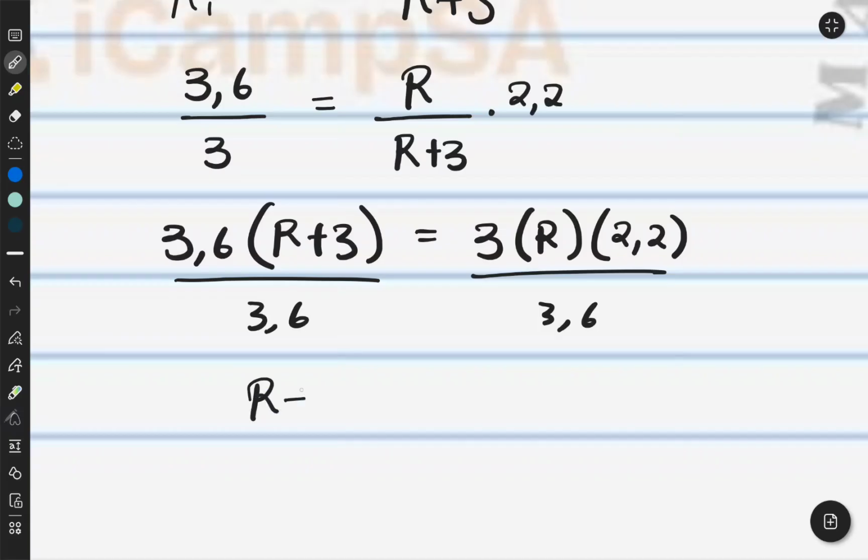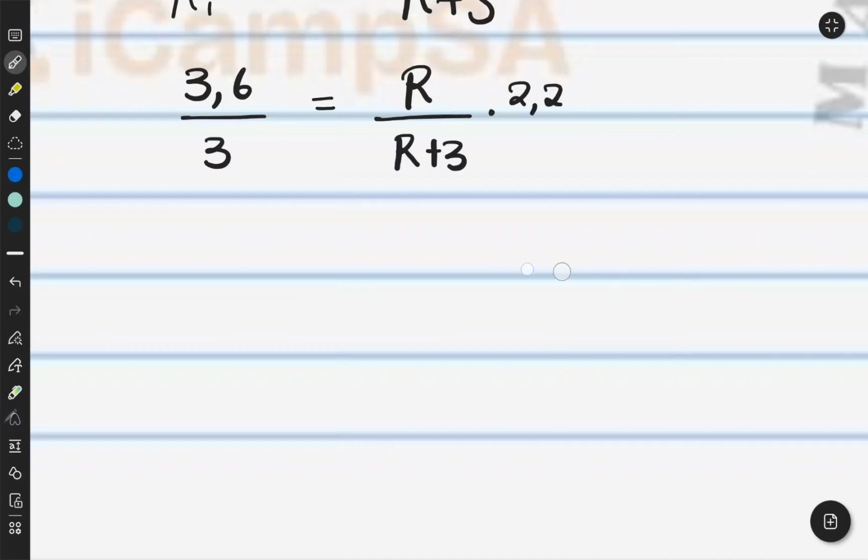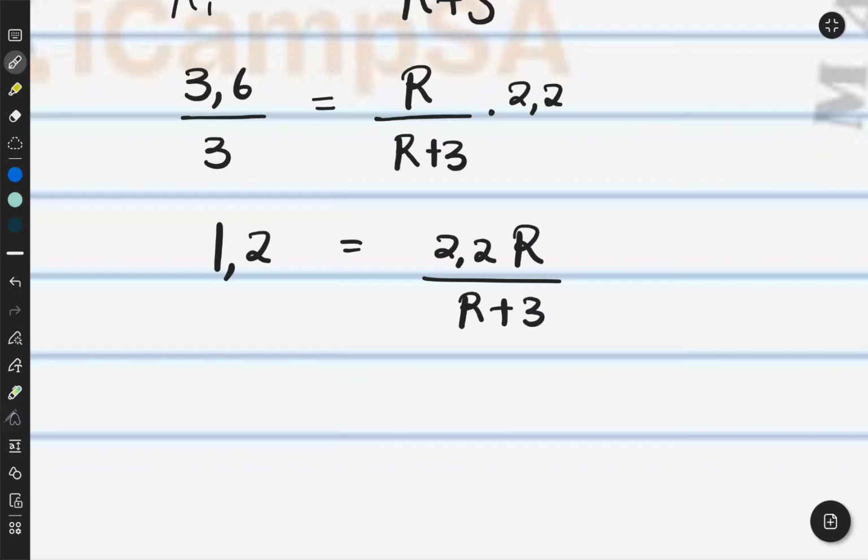So what you'll have here is R plus 3 is equal to, let's punch this in a calculator, 3 times 2.2 divided by 3.6. Actually, to avoid this whole headache, sorry, let's do this. We can just simplify it from here. 1.2 is equal to 2.2 times R over R plus 3. Yes, much better.